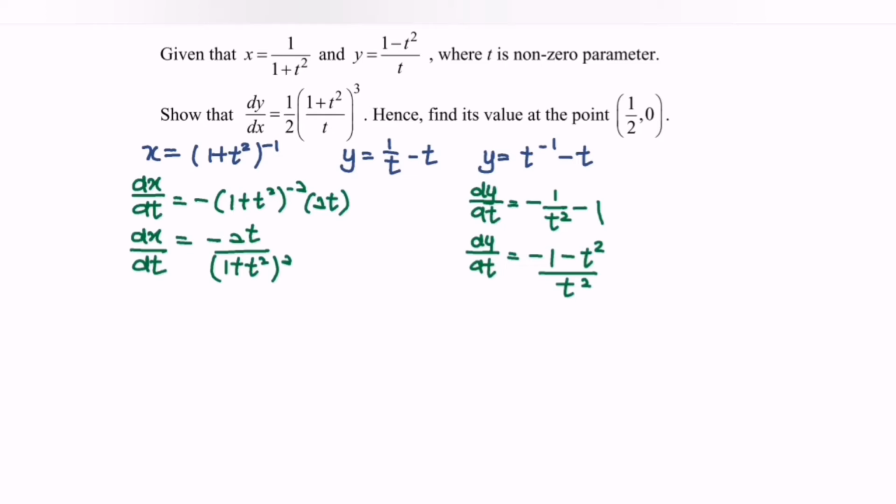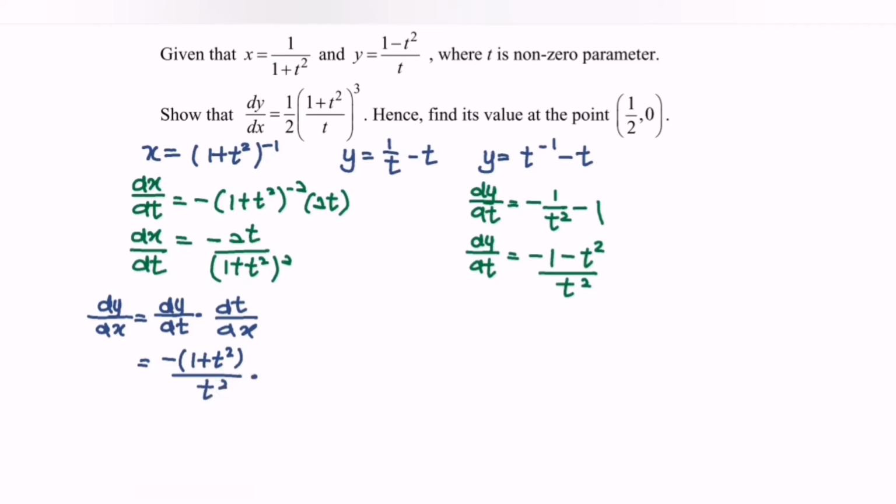Next we're going to find the first derivative, where dy/dx is equal to dy/dt multiplied by dt/dx. So substituting, we will have negative (1 plus t squared) over t squared multiplied by dt/dx.